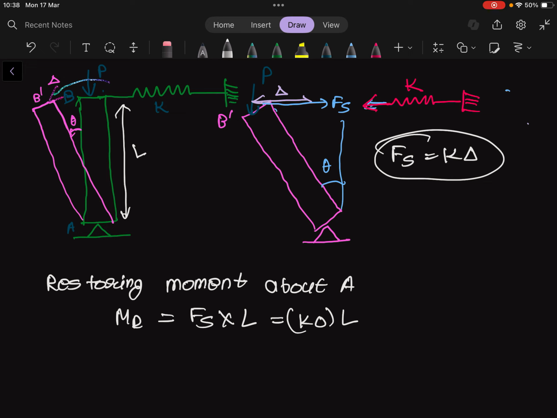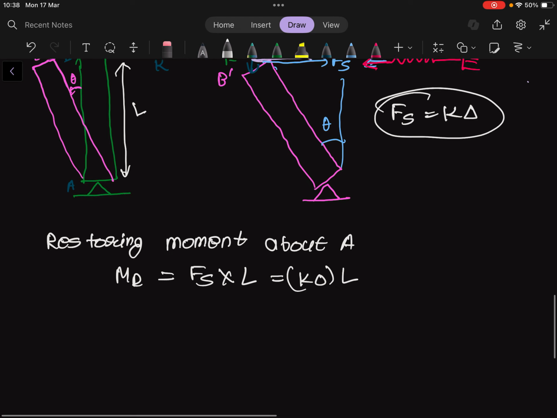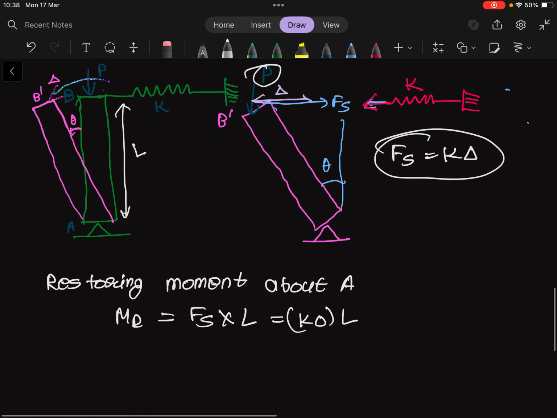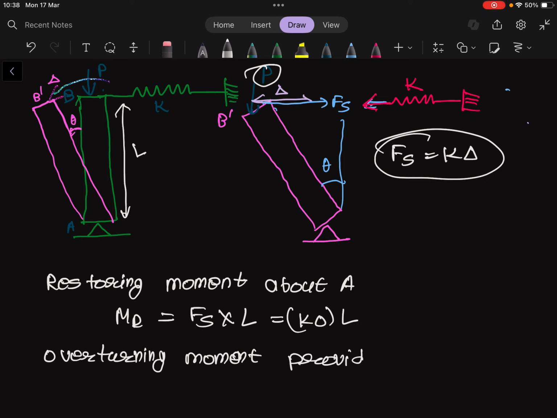So the overturning moment provided by P about A, we can write the overturning moment. Look at this diagram, here it's P. So the overturning moment provided by P about A is given by this equation, that is MOTR is equal to P delta.